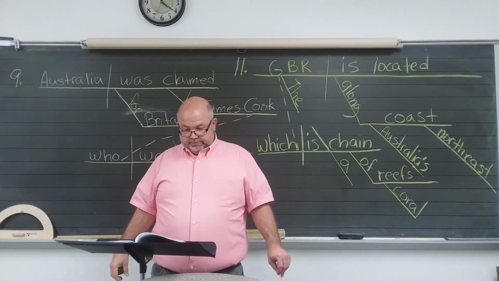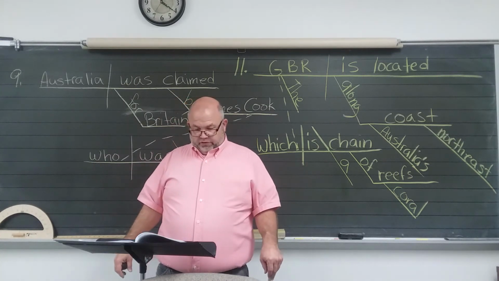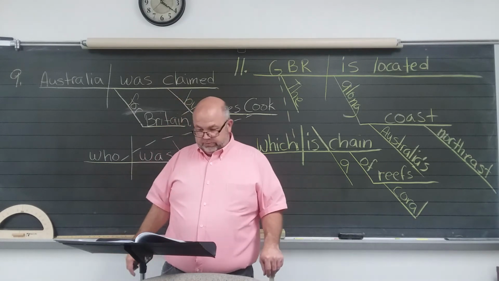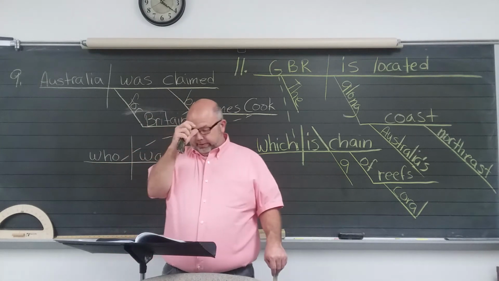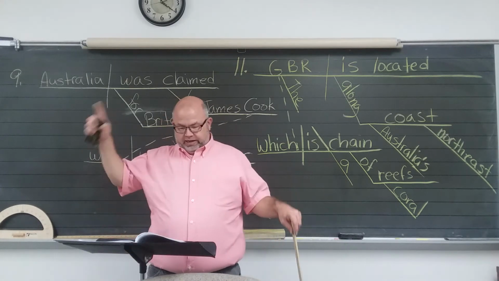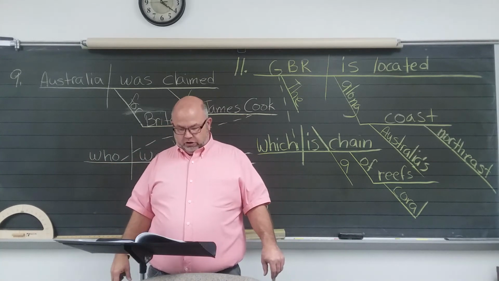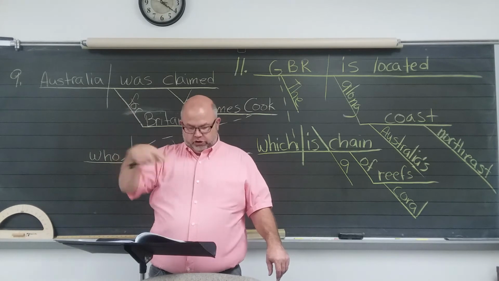So, number 3, the first European to visit Australia was James Cook, who claimed the East Coast for Britain. So the dependent clause in brackets would be who claimed the East Coast for Britain, with an arrow to Cook.